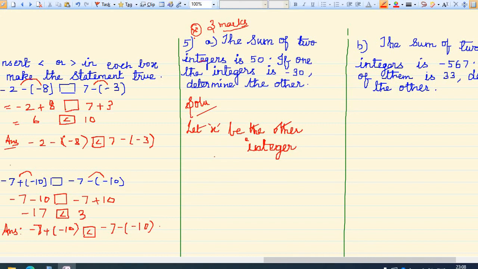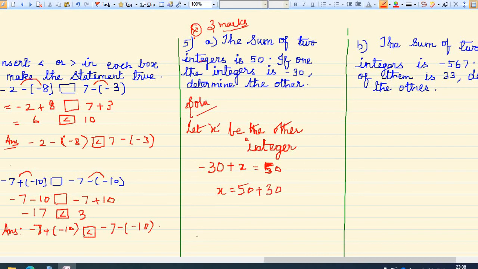According to the question, now I am going to frame the equation here. The given integer is minus 30 and I am adding x to that because this x I am going to find out, but my sum is what? 50. My sum is what? 50. So x is equal to 50 plus 30.